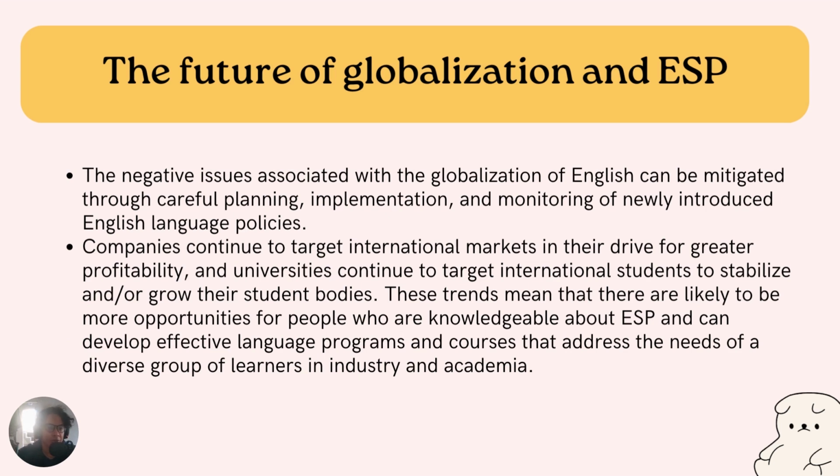Next, the negative issues associated with the globalization of English can be mitigated through careful planning, implementation, and monitoring of newly introduced English language policies. Last, companies continue to target international markets in the drive for greater profitability, and universities continue to target international students to stabilize and/or grow the student bodies.